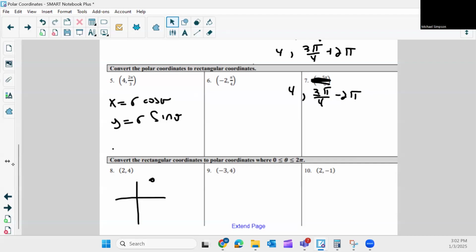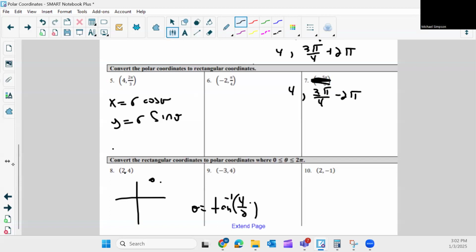When I find the angle, theta is equal to tan inverse of y over x, 4 over 2. The input is positive, so it's going to give me the angle I'm looking for. So I don't have to add anything. Because the input is positive, tan inverse returns an angle in the first quadrant. But guess what? The point is in the first quadrant.